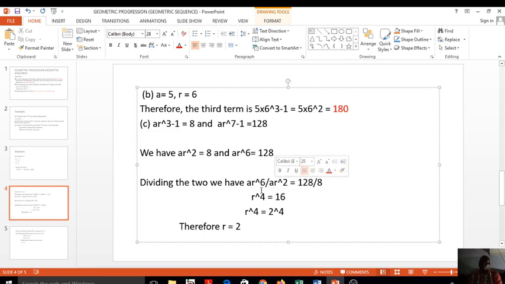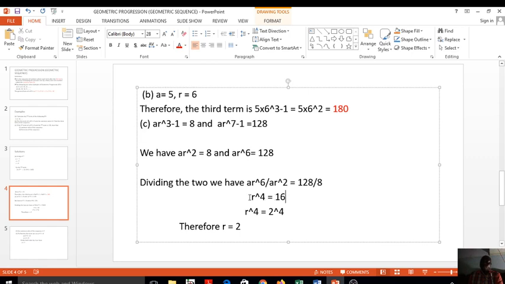According to the laws of indices, we have the same base, so we subtract the powers. The base is r, and we have 6 minus 2, which is 4. So we have r to the power 4 equals 16.